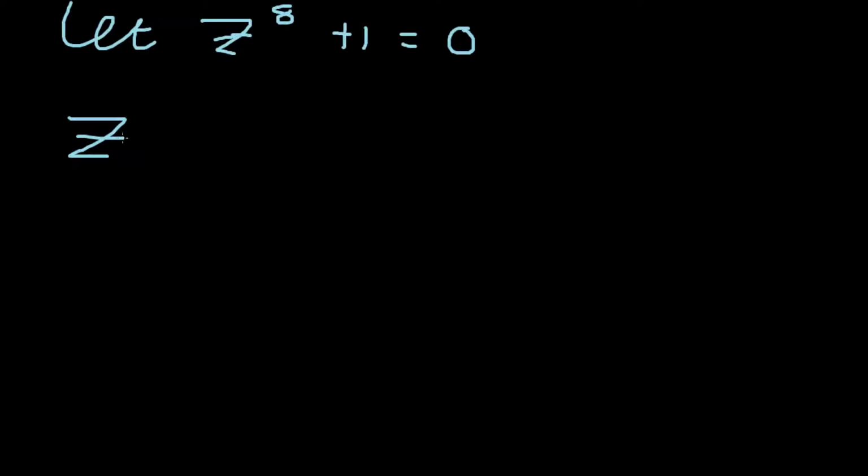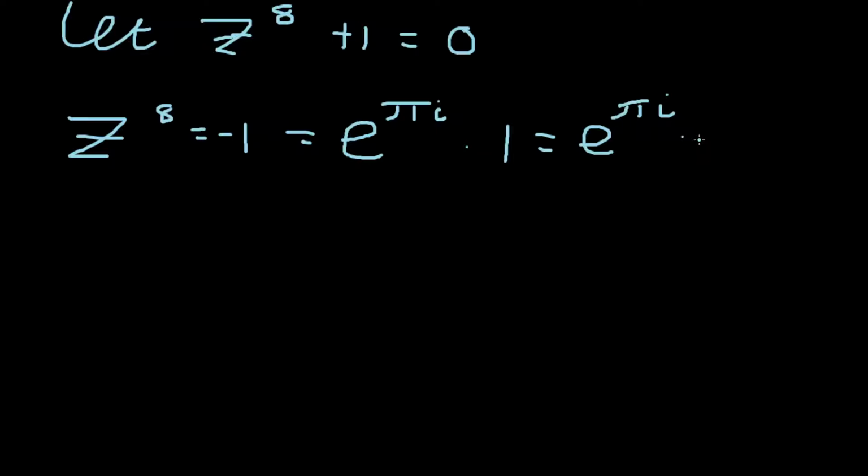We get that z to the 8th power is equal to negative 1, which is also equal to e to the pi i, and e to the pi i is the same as e to the pi i times 1. Okay, that's uncontroversial, which is the same as e to the pi i times e to the 2 pi i k, which is just e to the pi i (2k plus 1).